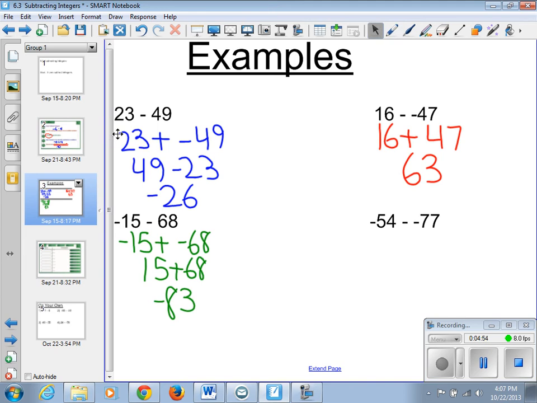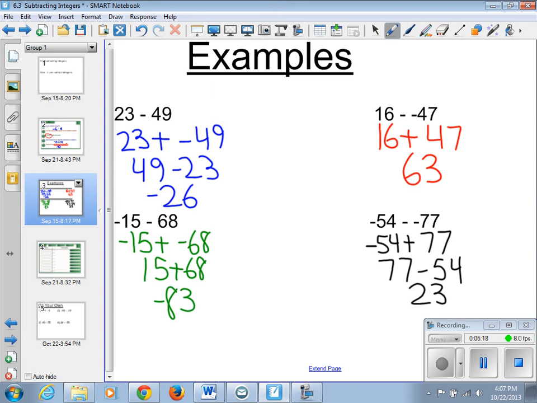And finally, -54 minus -77. Stay, change. Negative 54 plus 77. We subtract our absolute values. 77 minus 54. We get 23.